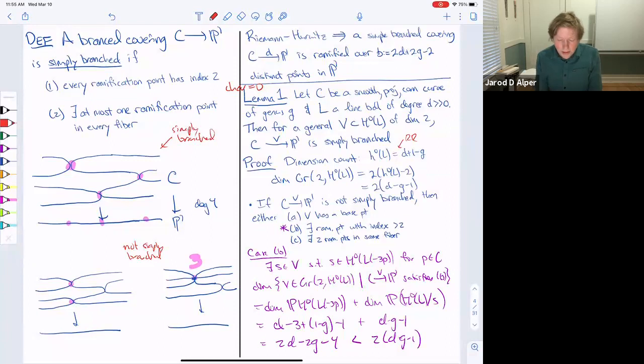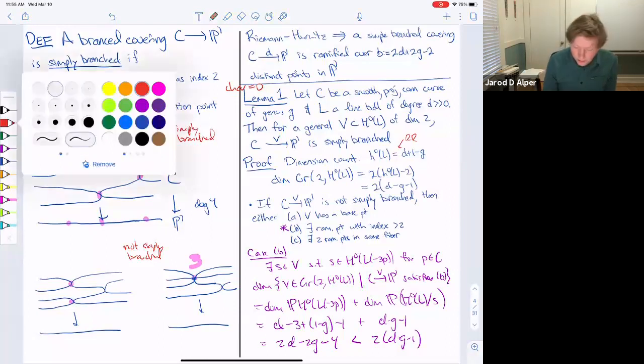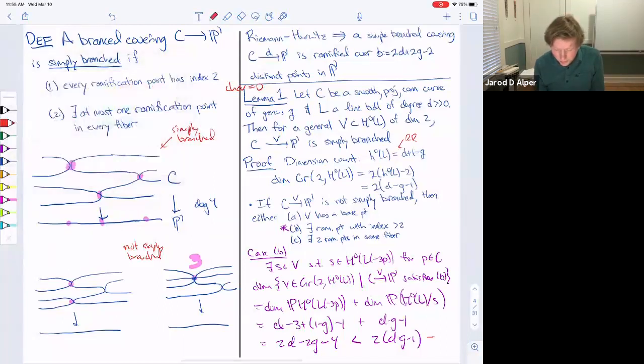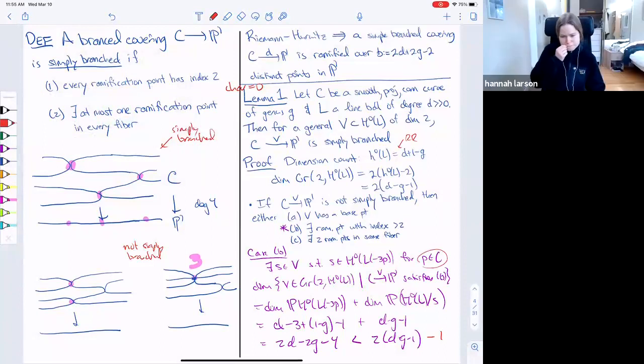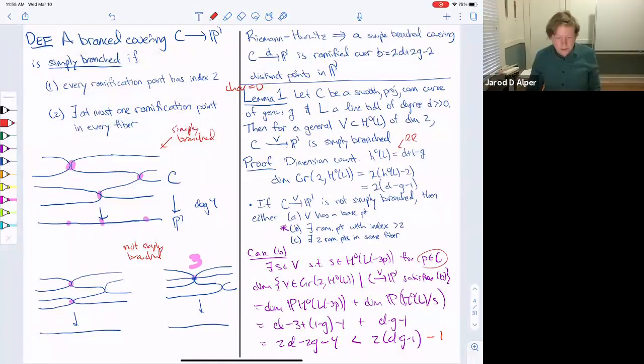Yeah, because this is actually 2 less. Right, because the point could be any, okay. Yeah, Hannah wants me to add a minus 1 here because the point adds a curve. Yeah, thank you. Are there other questions, corrections?